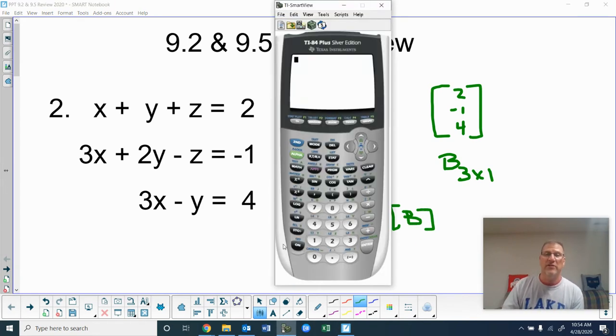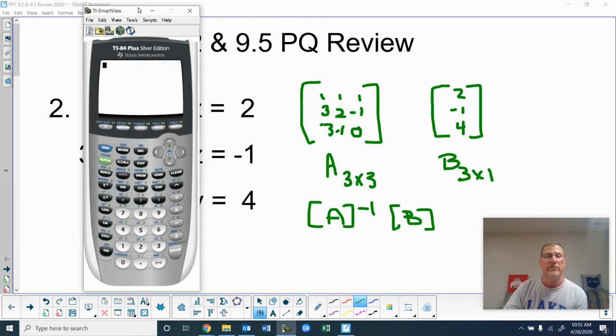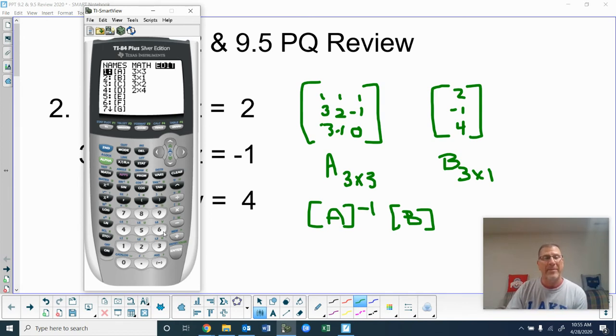All right, so I go to my calculator and move it over here. And we're going to go second inverse button, which is for our matrix. I like to hit the left arrow key to get to edit, and then hit enter for the A matrix, 3 enter, 3 enter for the dimensions, and then put those in. 1, enter, 1, enter, 1.